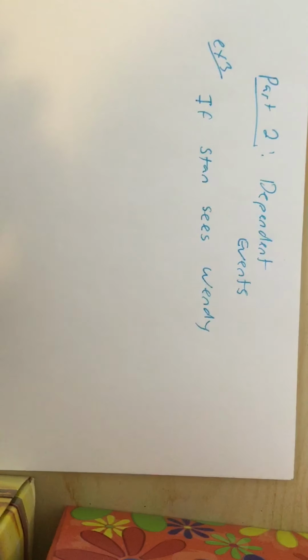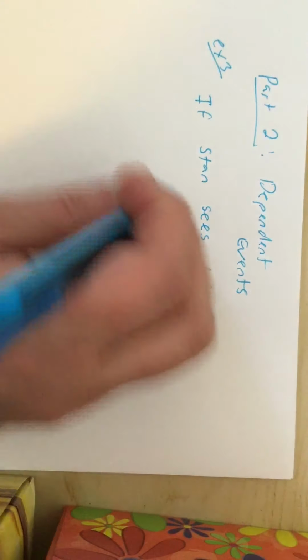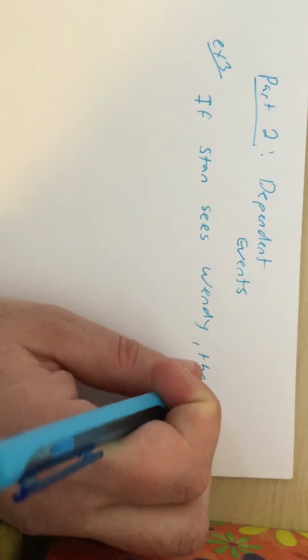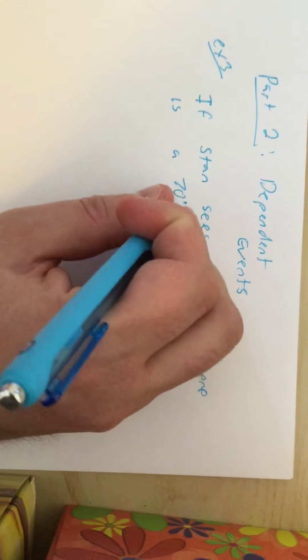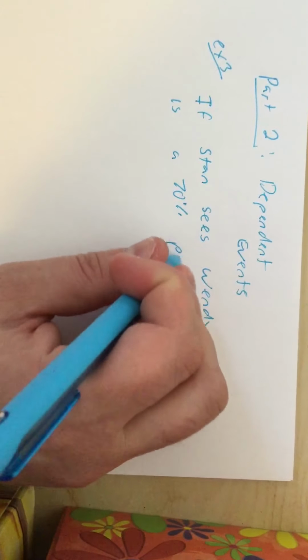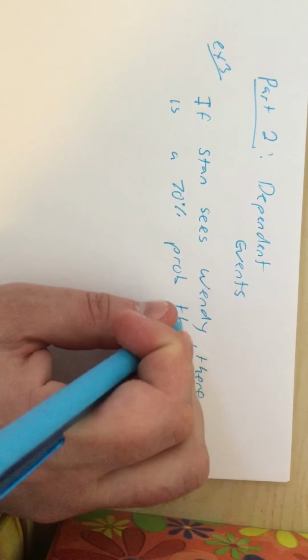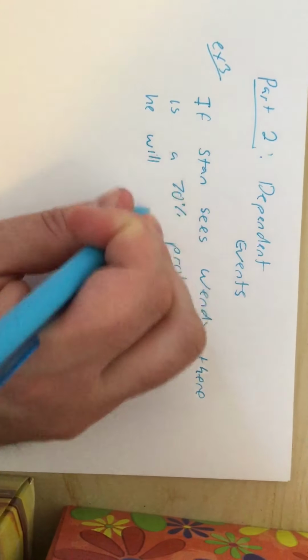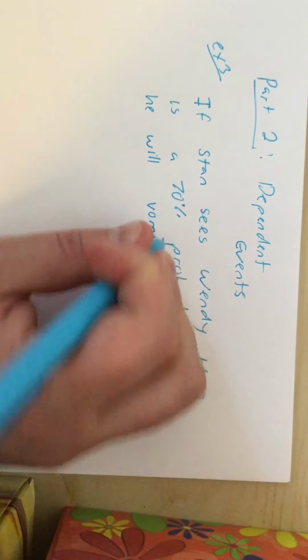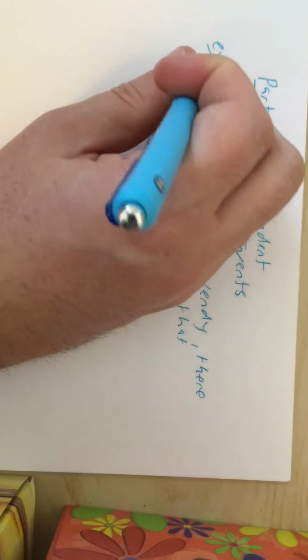If Stan sees Wendy, there is a 70% probability that he will vomit. Presumably he's nervous or something.